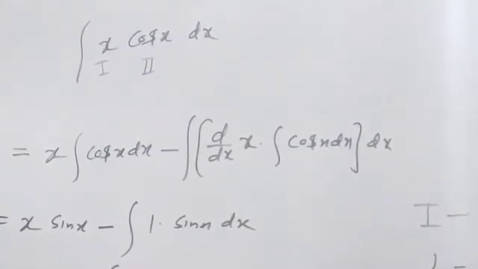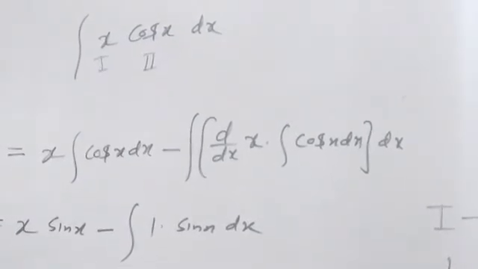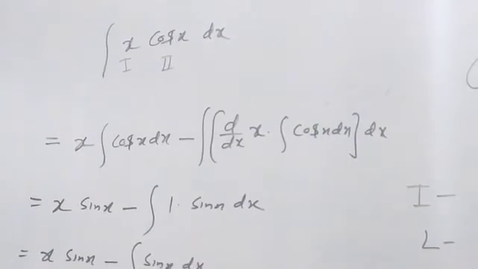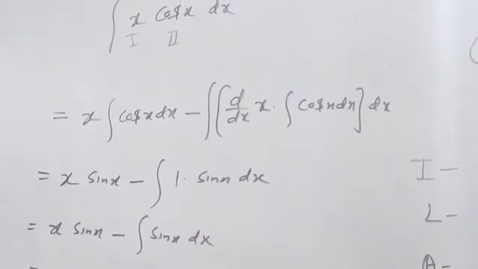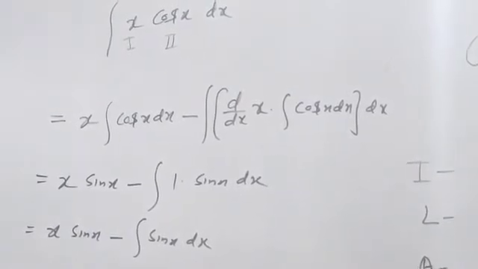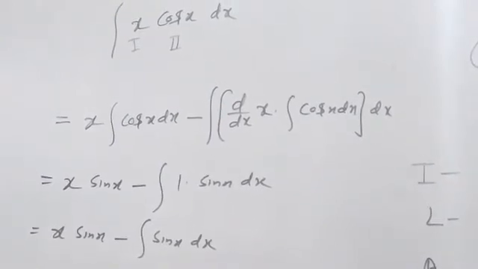Clear? I have taken ILATE here. I means there is no inverse function. L means logarithmic function is not there. A means algebraic; x is an algebraic function. That's why x is the first function. And cos x is the trigonometric function. That's why cos x is the second function.